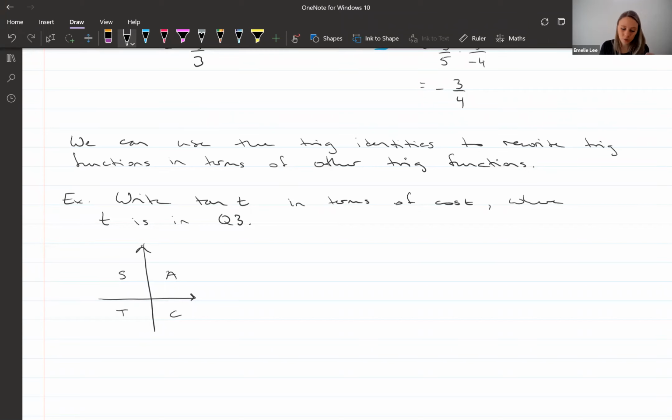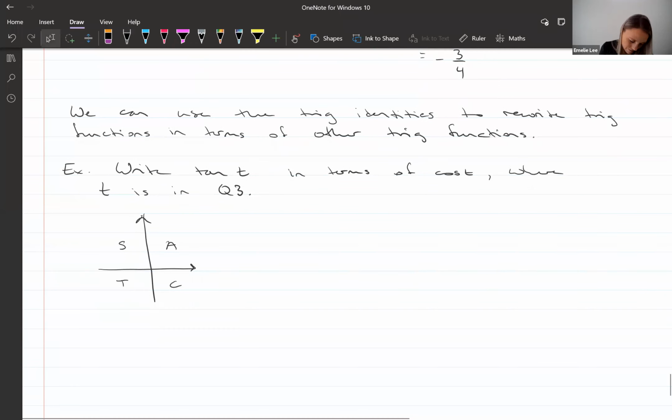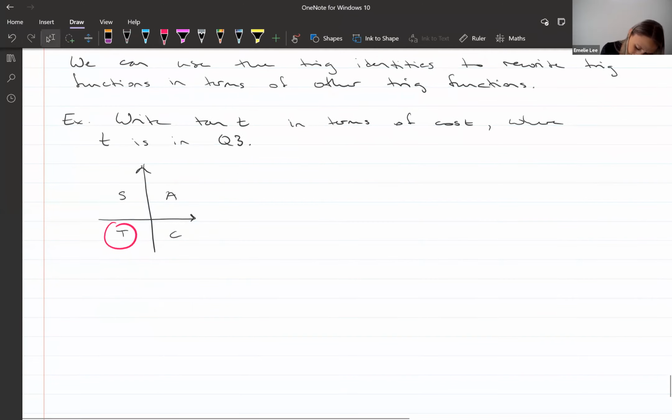So in Q3, tan is positive and all others are negative.